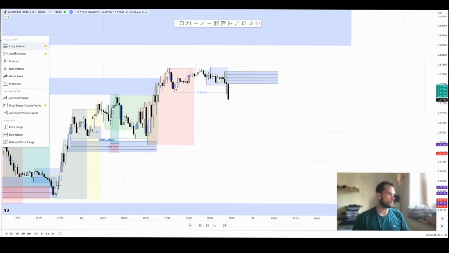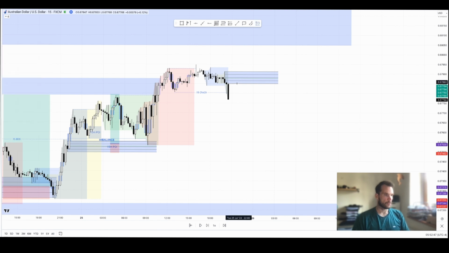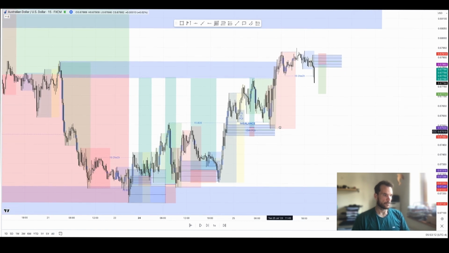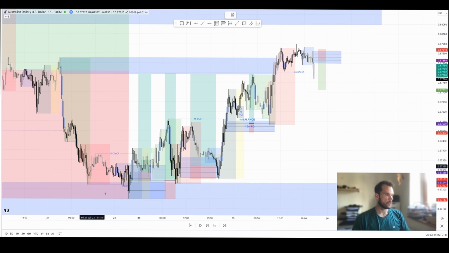Essentially, let's have a look. 6.2. Go on to 2.5. Put this for 5.3. 5.4, whatever. And we're going to mark out the 15-minute low.